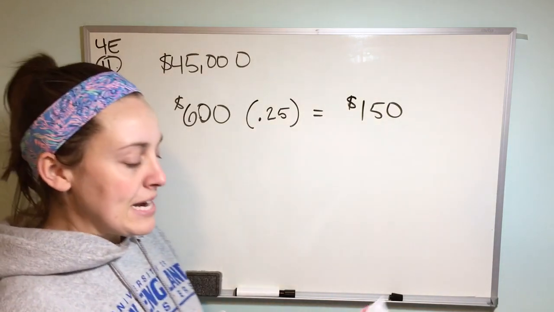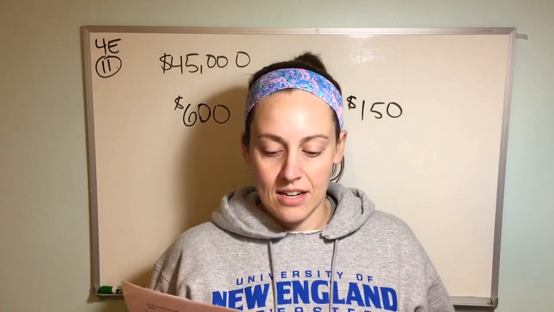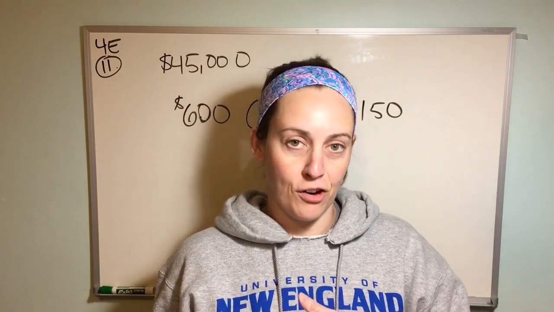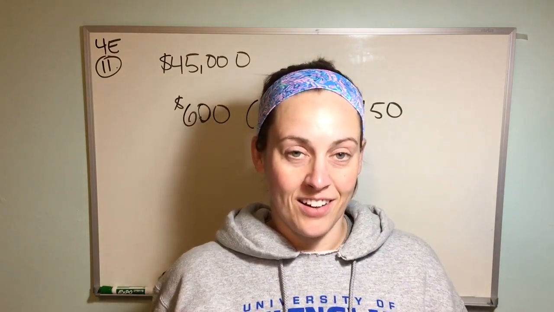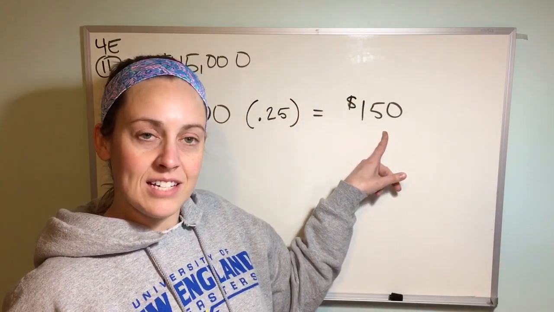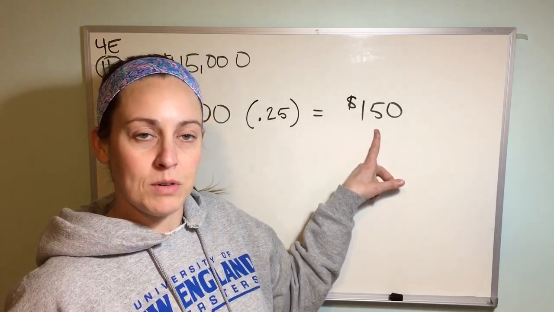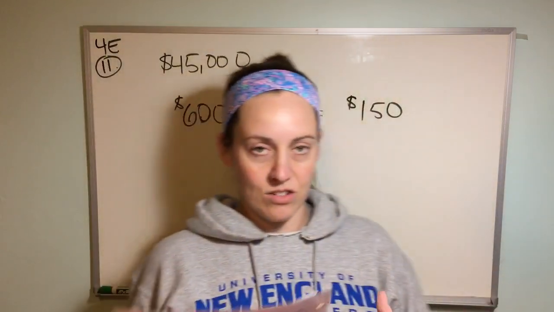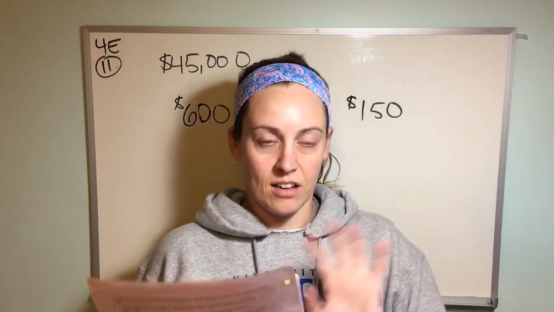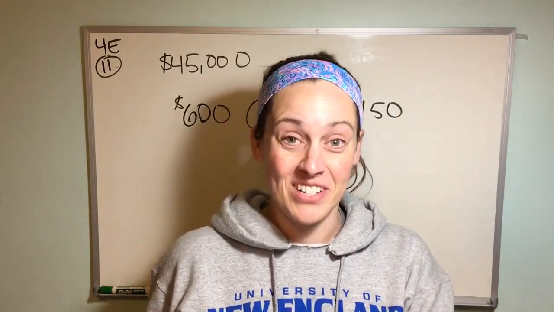Right, so $150 you'd have to pay to the U.S. government. But instead, you're putting this in a tax-deferred retirement plan. So you don't have to pay this in taxes. So you're actually saving yourself this much money. You're taking $600 out of your paycheck and putting it into a different account that's still actually yours, right?